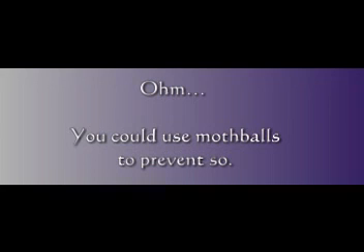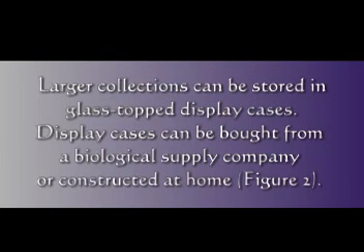You could use mothballs to prevent other insects from infesting your collection. Larger collections can be stored in glass-top display cases. Display cases can be bought from a biological supply company or you can construct your own at home.